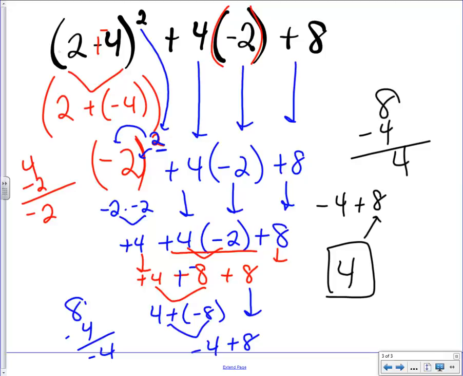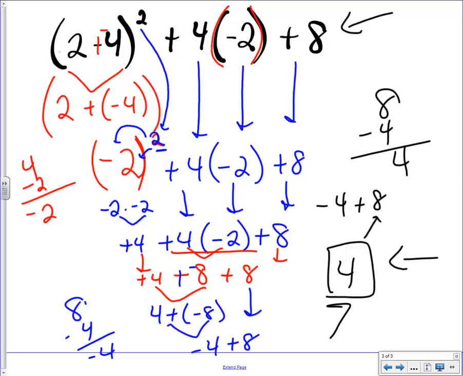This is the first time that you're actually working problems that will probably require you to write something on your paper and not do the majority of it in your head. If you solve a problem like this from the black ink at the top to a final answer, I will count it wrong. Even if you put +4, +4 is your final answer, it's wrong, because you are not showing me anything that you've learned in this class.